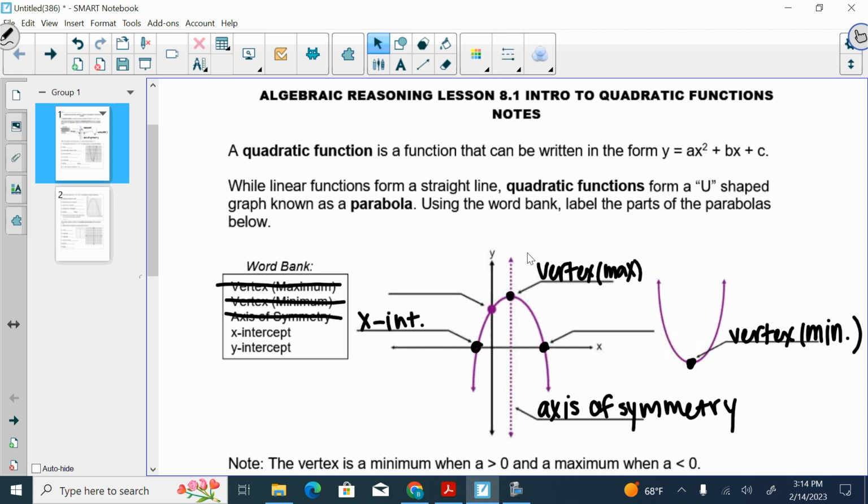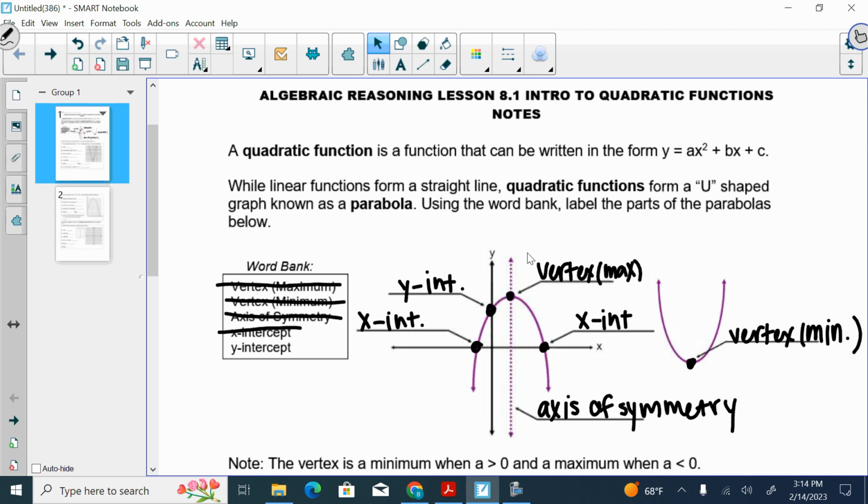I'm going to abbreviate those to make it fit. Okay, and then a y-intercept is where it touches our y-axis, which is the one that runs vertically. So that would be like this point right here. So this is a y-intercept.